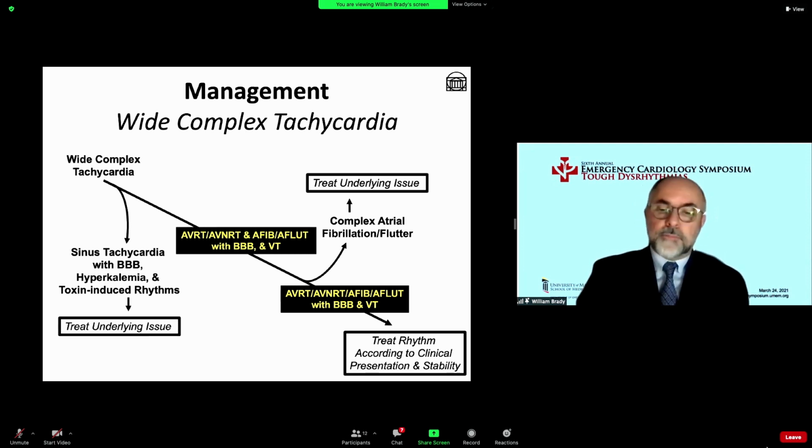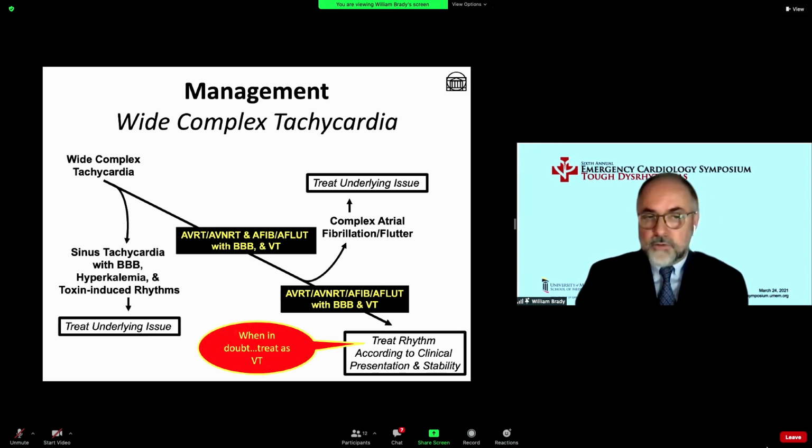If we can identify the underlying rhythm, that's fine. But if we can't sort out what the rhythm is once we've excluded these other entities, then let's assume it's VT and treat appropriately, which can include synchronized electrical cardioversion with sedation if the patient's unstable, or we feel that's the best approach. And then also procainamide, as Dr. Steele mentioned.